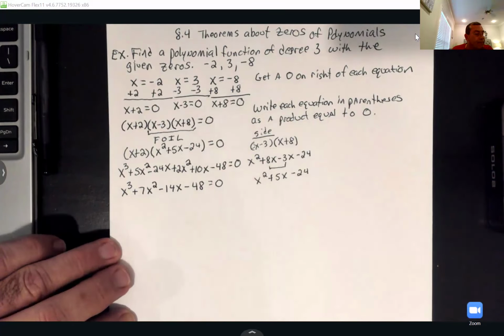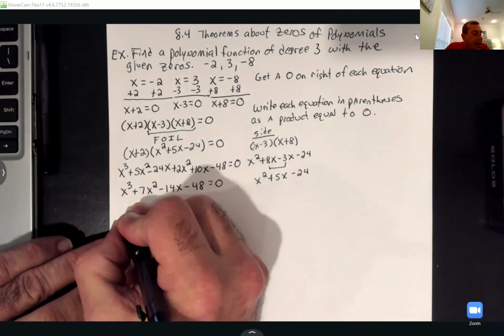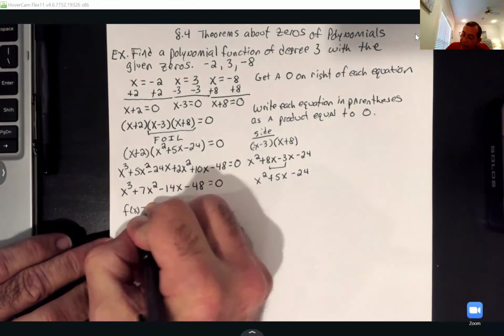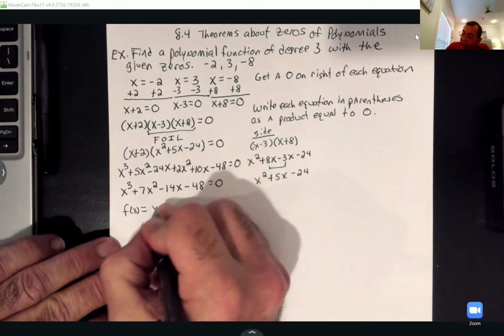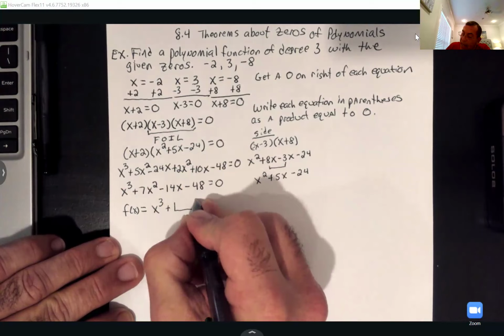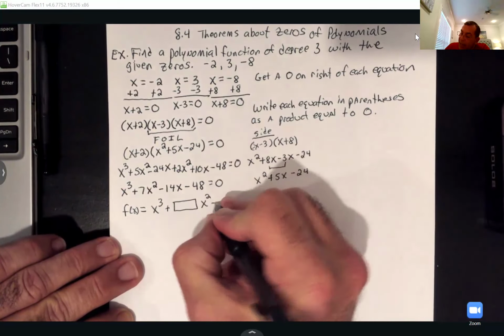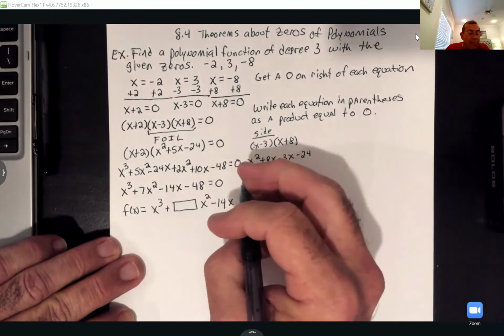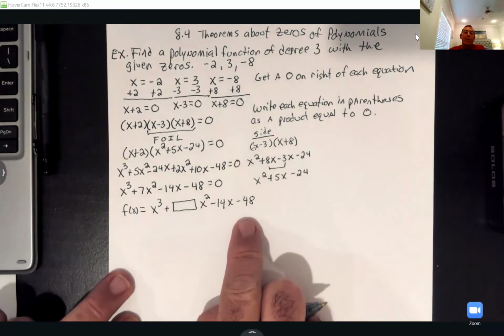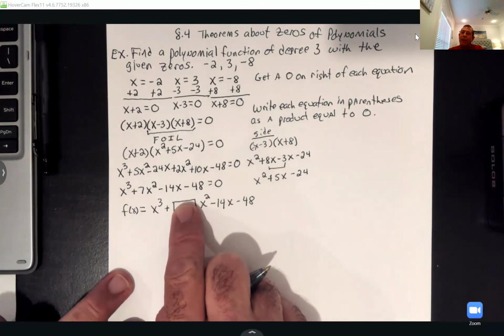Now, check this out. The answer, they say, is f of x equals x to the 3 plus blank x squared minus 14x minus 48. So they're just looking for the polynomial. Out of this whole problem, I did it to find whatever number's going in front of that x squared.